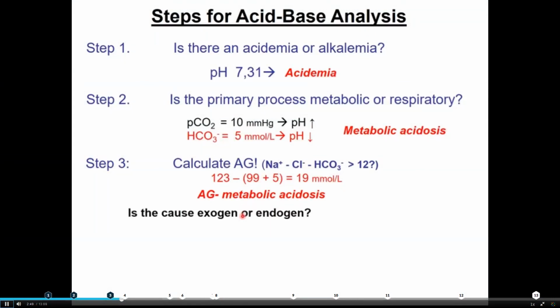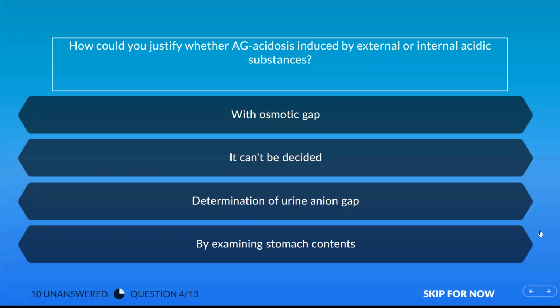The next question could be, is the cause exogenous or endogenous? So whether the patient ingested something or not. Before you answer this one, the most common causes of an anion gap acidosis are usually lactate or ketone bodies.